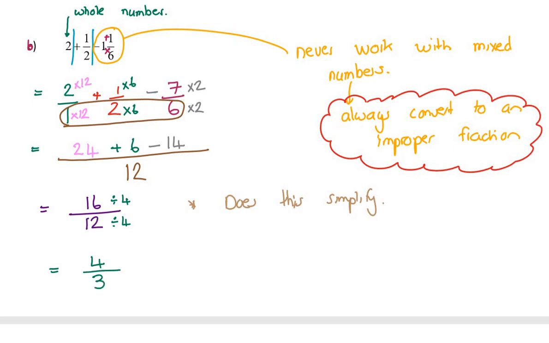Now notice I'm not converting that to a mixed number because, to be honest, we really don't like them in high school. The whole reason I chose this example was, very importantly, always convert to an improper fraction. Never ever work with mixed numbers, even though they told you at primary school to do it. That's simply because in primary school it worked, but with the integers in high school it doesn't.